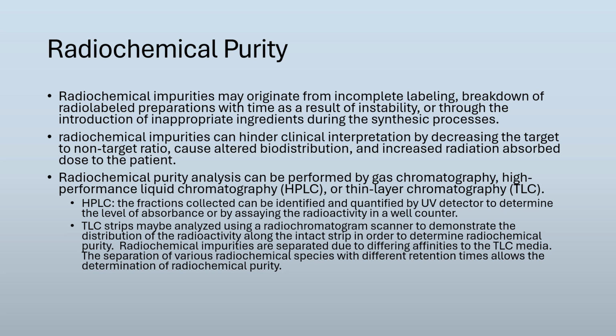Or the thin layer chromatography strips are analyzed using a chromatograph scanner, and that's used to demonstrate the distribution of radioactivity along an intact strip in order to determine that radiochemical purity.